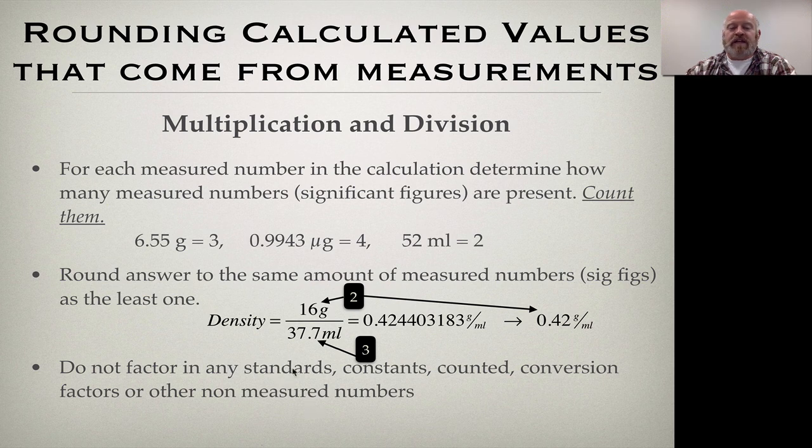Standardized numbers that come from a table, constants like pi, conversion factors like 1,000 grams equaling 1 kilogram seem measured, but they're really just a mathematical equality. So anything that's not measured that might be part of the math, you ignore. Only the measured values play a role in determining your rounded values.